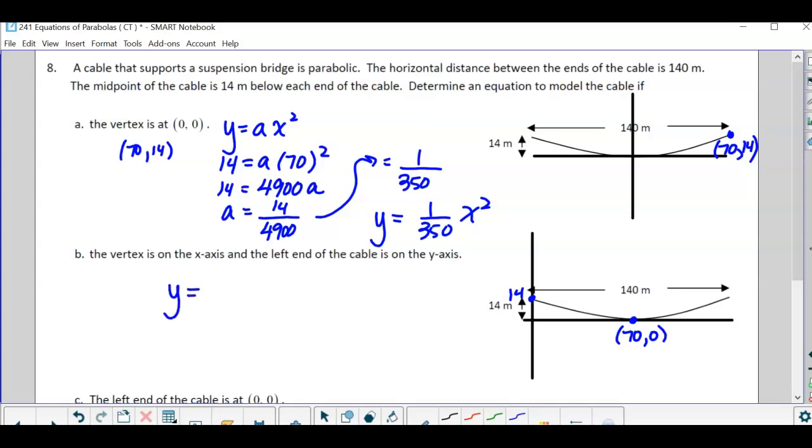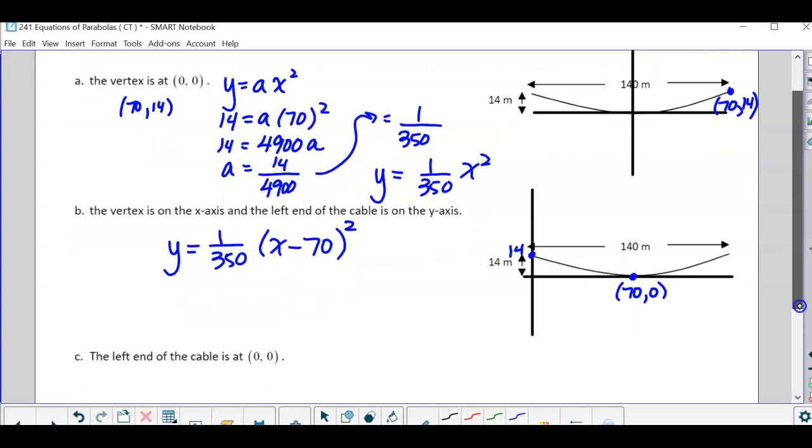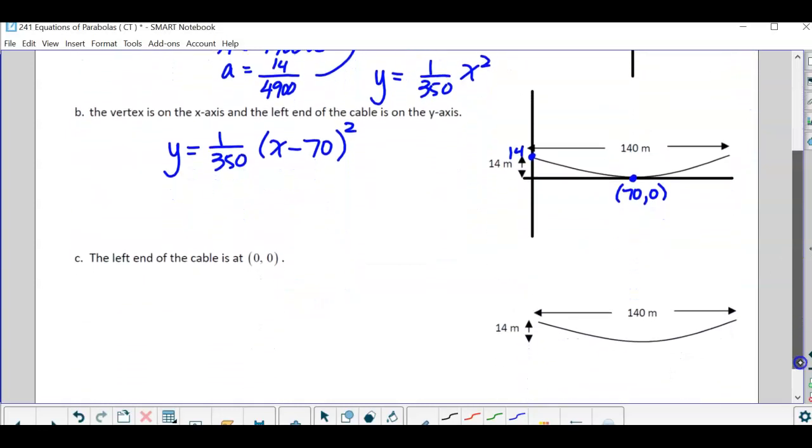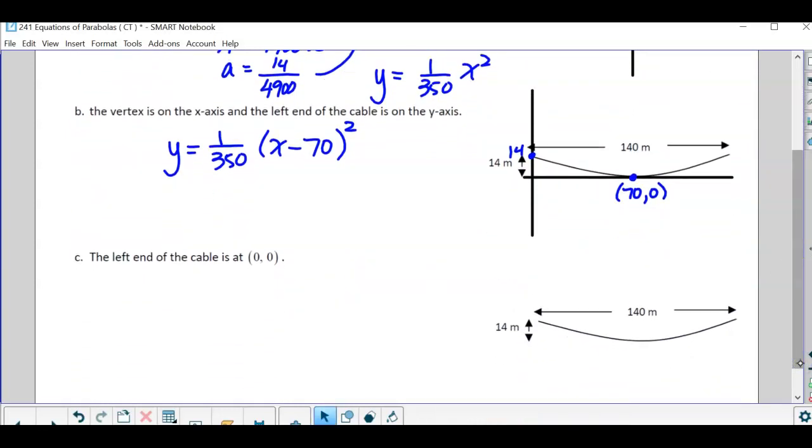So that means the a value is the same. But now our vertex has been translated. So it's (x minus 70) squared. And it's on the x-axis, so there is no q value. And the left end is at (0, 0).